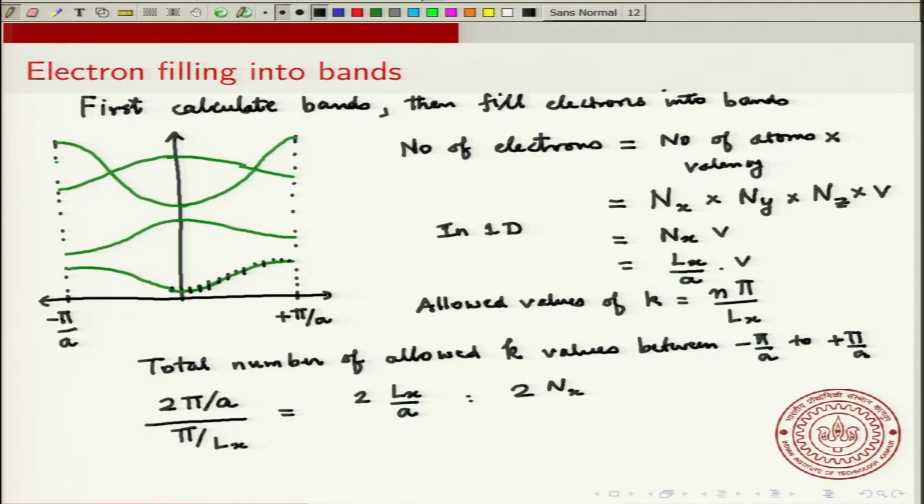Here you have Nx states, and so on. And again, you can show this for each of the bands, there are a total of Nx states.